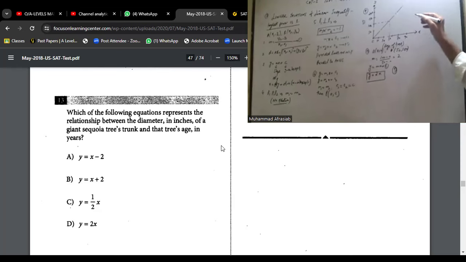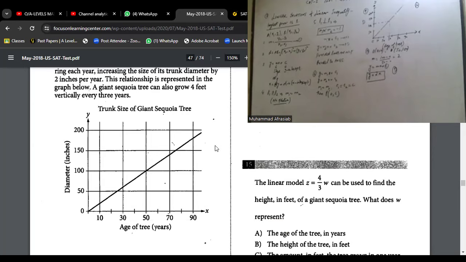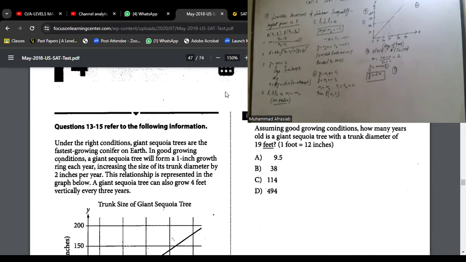Now question number 14 of the same sequence, because it refers to the statement from 13 to 15. Assuming good growing conditions, how many years old is a giant sequoia tree with a trunk diameter of 19 feet?